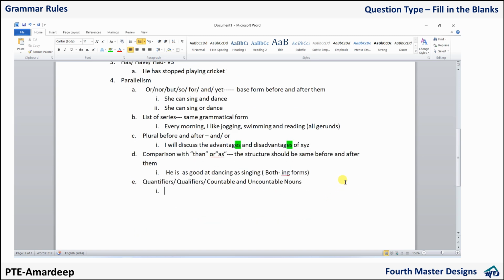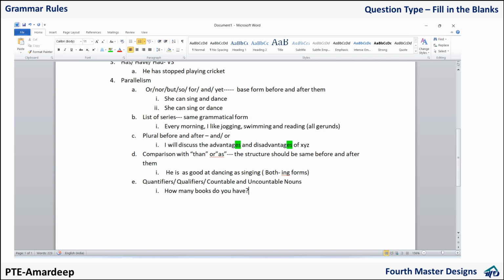So what is the rule? The basic rule is like, for example, I'll go with the word, let's say, how many books do you have? So what is the word here? Many. If it is many, then it has to be books. Very, very simple.